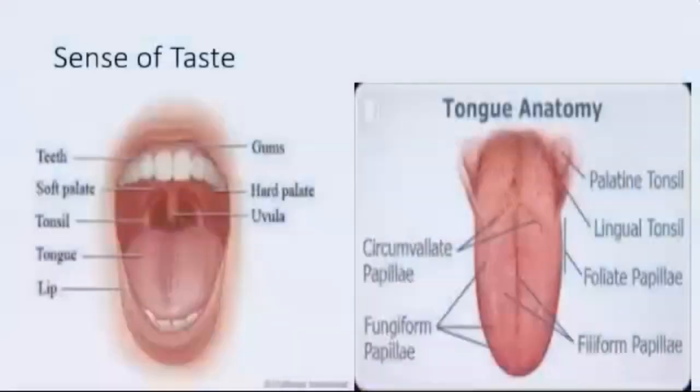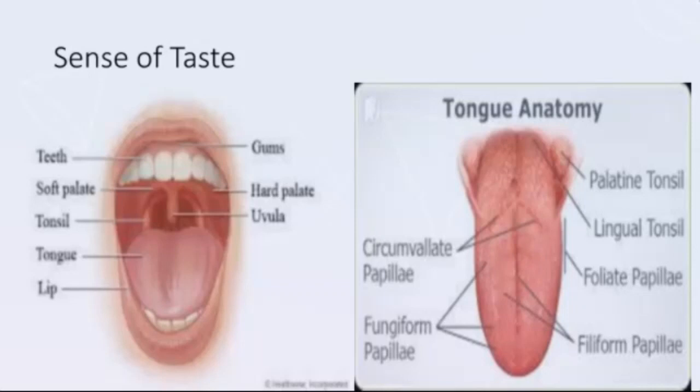So yes, this is the mouth, and that is the tongue. So of course, anatomy of the mouth, you've got your teeth, you've got your hard palate, you've got the soft palate, you've got the uvula, tonsils around the uvula. And then this is the tongue, our precious organ.